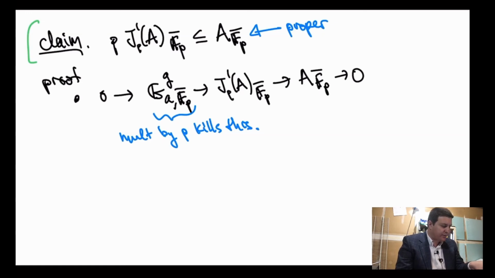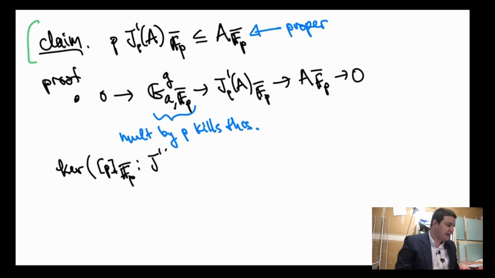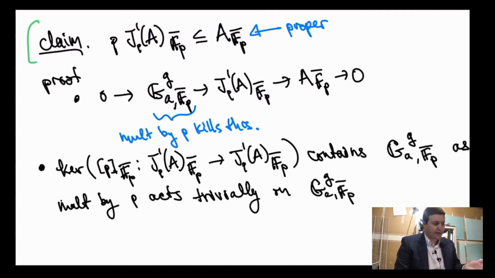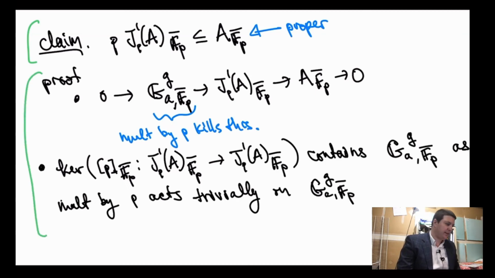This thing factors through a quotient of this, which means that p times this will factor through a quotient of this, and then a quotient by the additive group, which means we get the proper thing there. Again, this is what I just said, that multiplication by p kills the additive part. So now this explains the proof of why p times the jet space is contained in a proper subscheme.